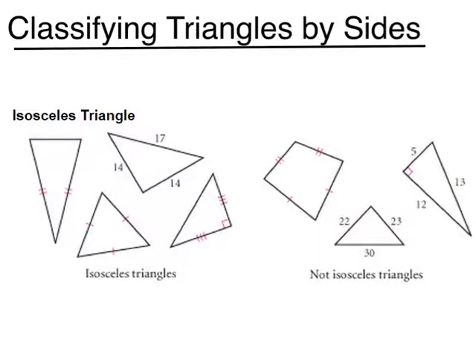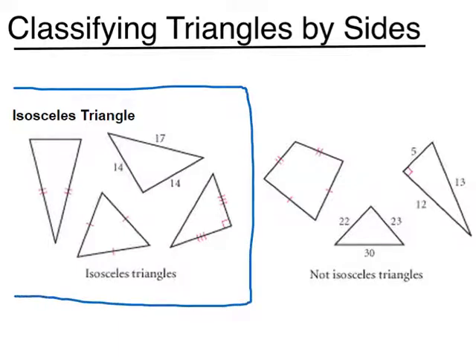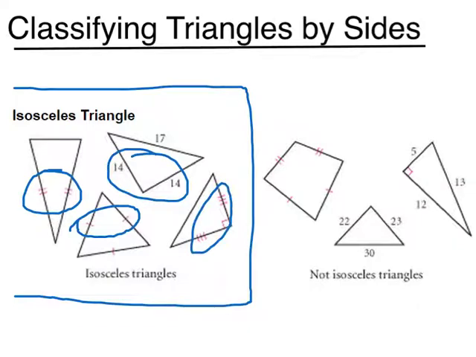Okay, the second way to classify triangles by sides is an isosceles triangle. That means there are exactly 2 congruent sides. 2 congruent sides. Now, if you notice here on this one, it has 3 congruent sides.